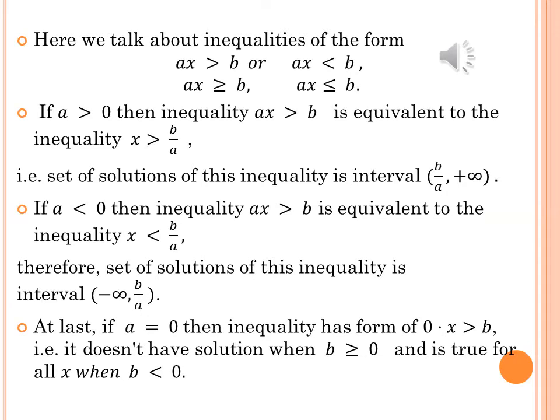So the inequality is from b over a to negative infinity. If it is greater, change to less than. So the sign negative changes the inequality.